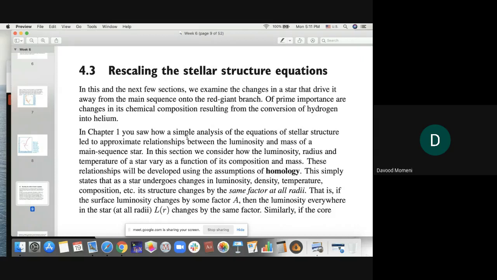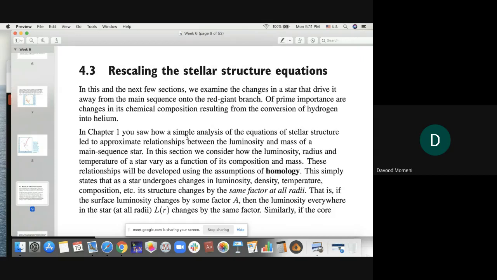Homology is like a scaling symmetry for the equations. So we make a scaling change in one or two of the parameters, and then we want to see how the final equation will change after this scaling symmetry.